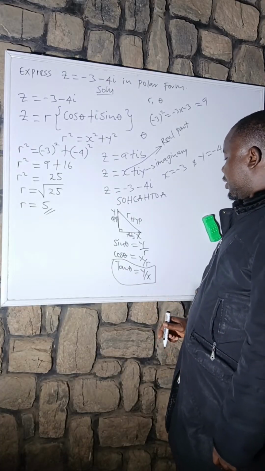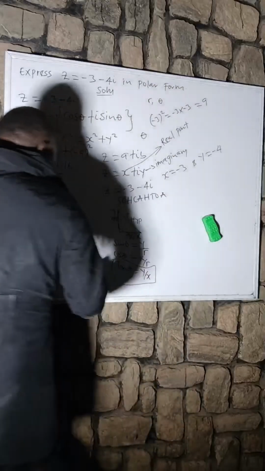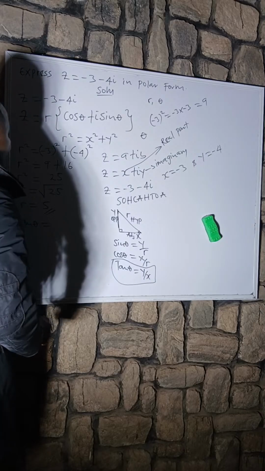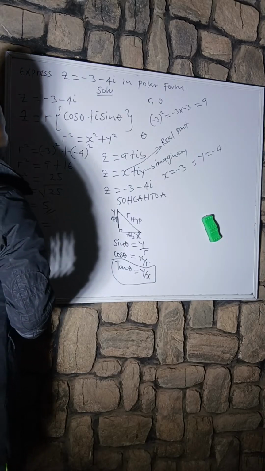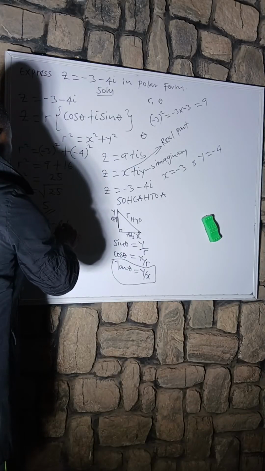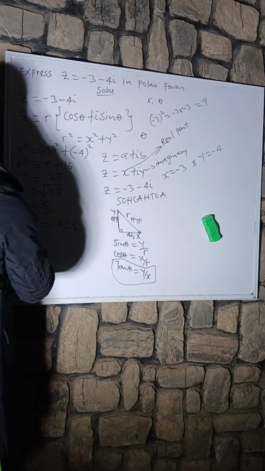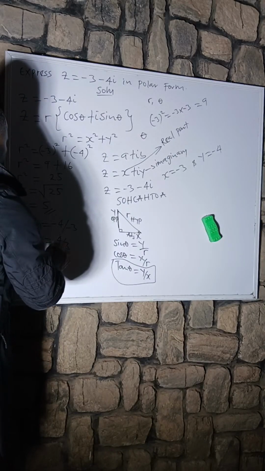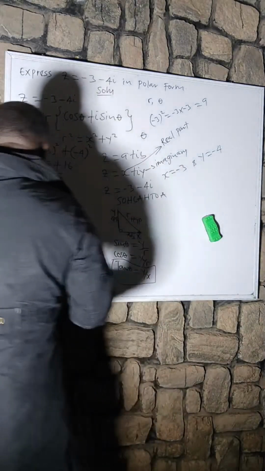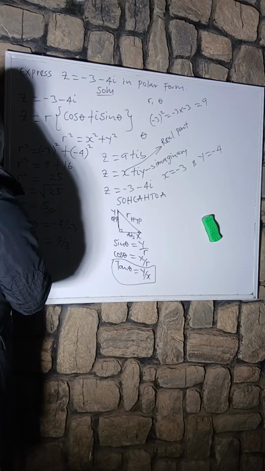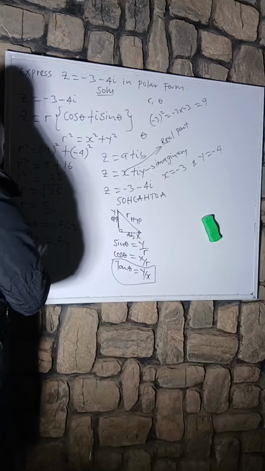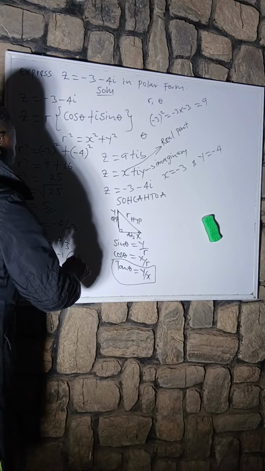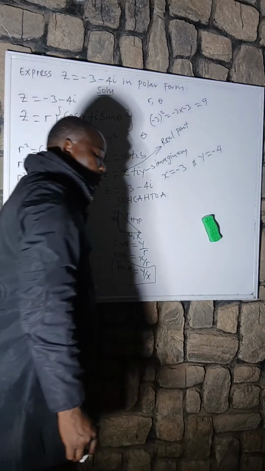We have tan theta is equals to y over x. Y is minus 4 over minus 3. So our tan theta will be equals to 4 over 3. So what we need to do here is tan inverse. Theta will now be equals to tan inverse of 4 over 3.